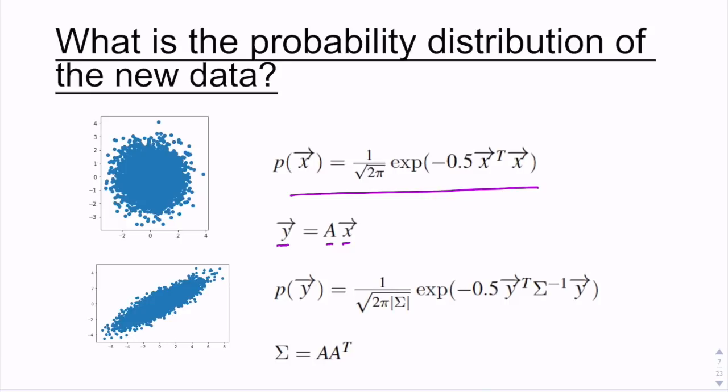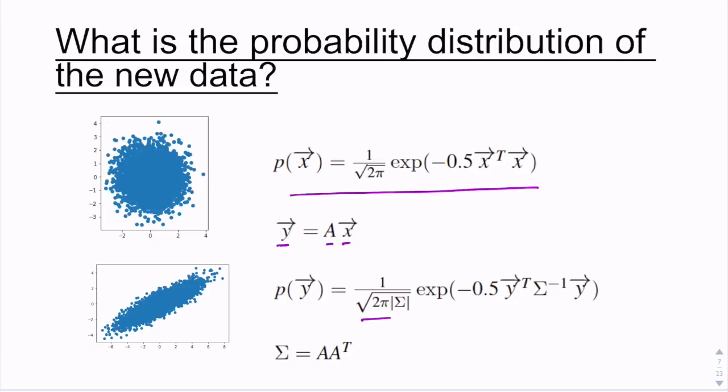Y still is a two-dimensional vector drawn from a new distribution, but this distribution has a different covariance matrix. It is proven, or you can easily verify, that the probability distribution of vectors y looks like this.